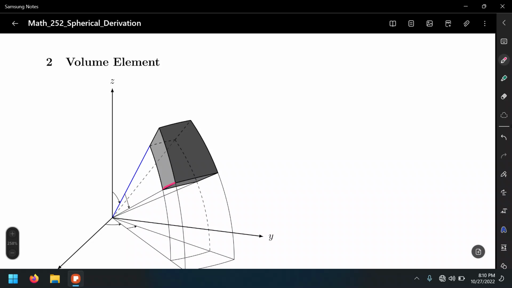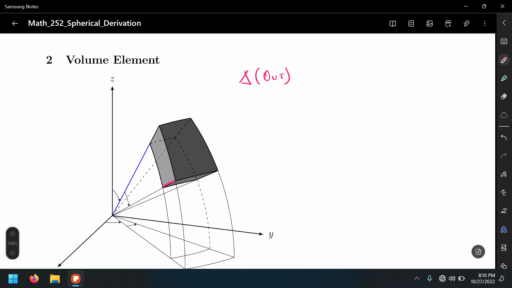Let's call it delta out, because in this case we're going to go out of the origin, whatever rho units that describe the radius of the sphere. This one is the simplest of the deltas, because this thickness right here will be simply delta rho. So that's the first delta.